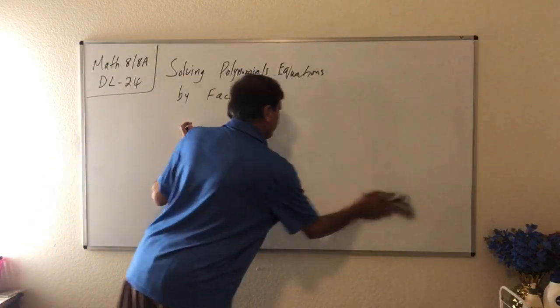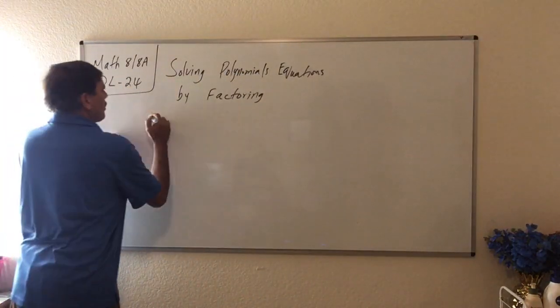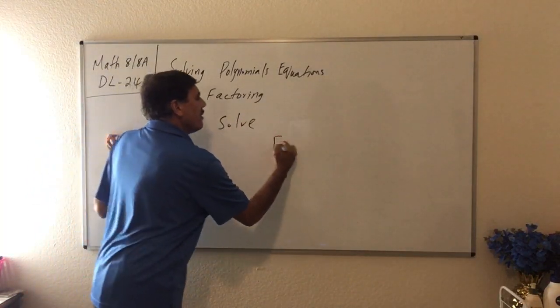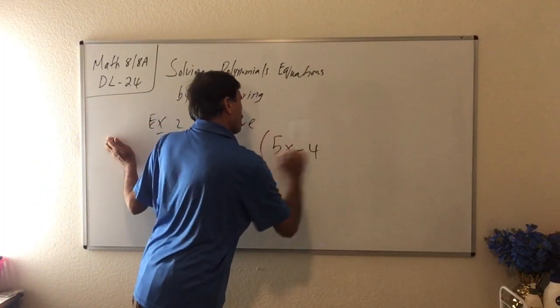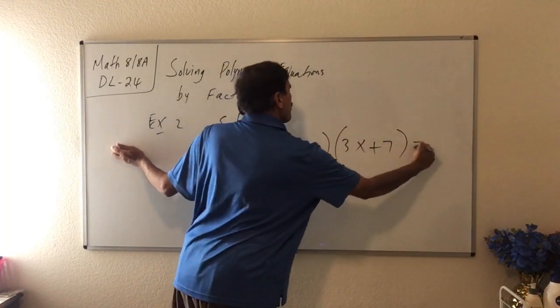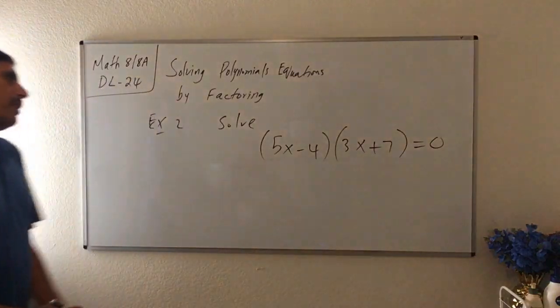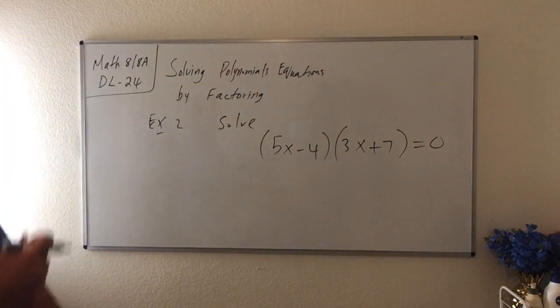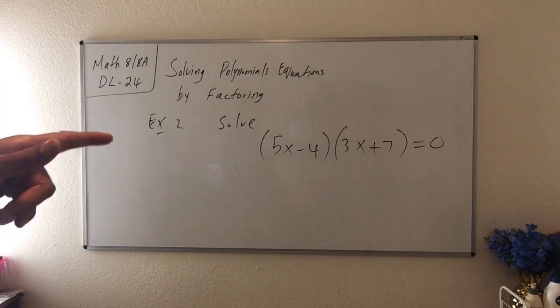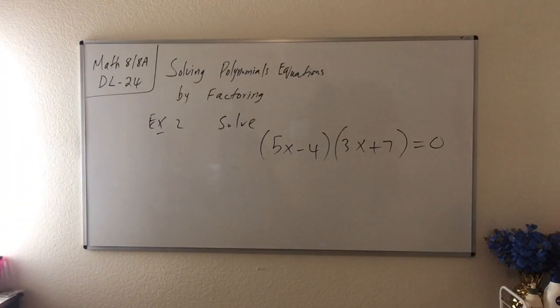Here is example number 2. Solve (5x - 4)(3x + 7) = 0. Now if you read this, left to right, 5x minus 4 times. When you read times, it means the left-hand side is already factored and equals 0. This means we can apply which rule?